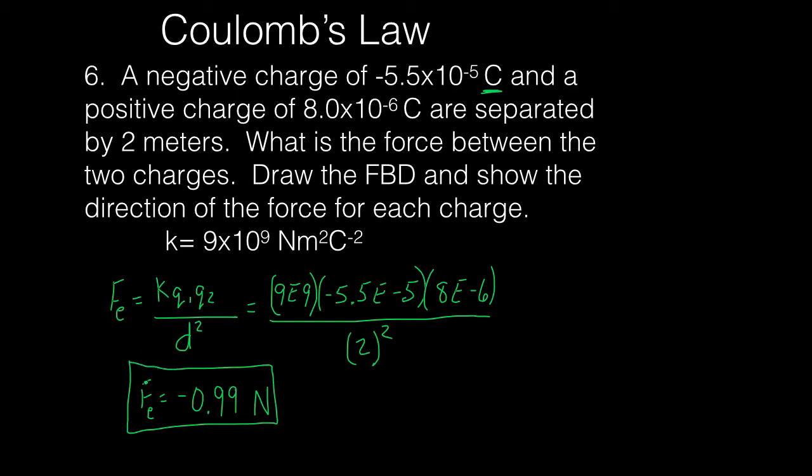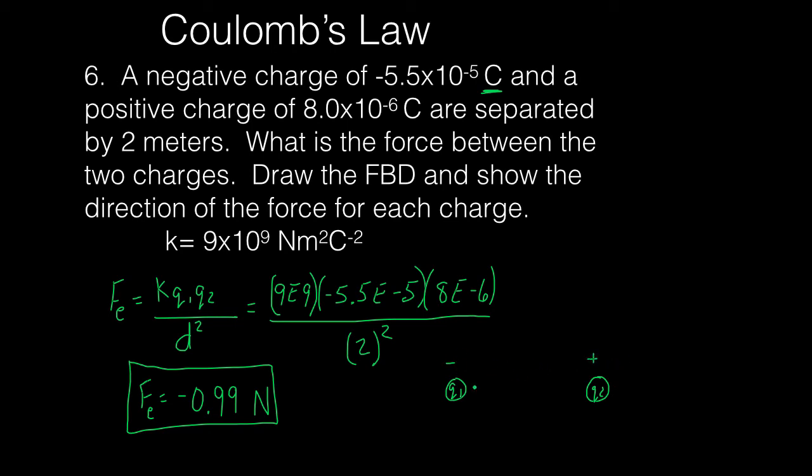Okay, that's the force between them, but it also wanted you to draw the free body diagram of these charges and show the direction of each force. So if this is Q1, and this was Q2, Q1 had a negative charge, and Q2 had a positive charge.